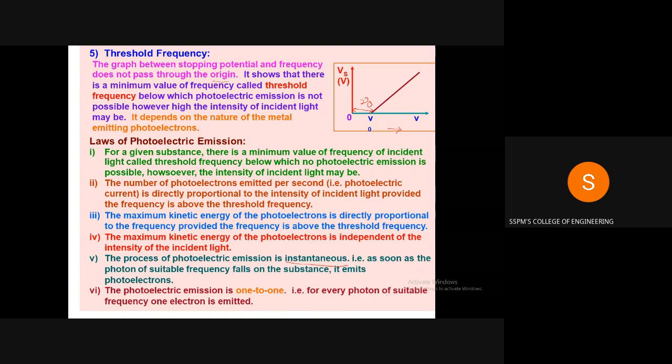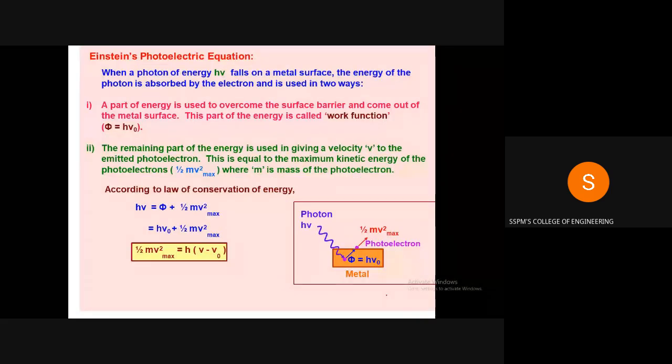Just now we have said that whatever the energy of the photons going to interact with the metal surface, or the target material, has to be utilized for two purposes. The first part of the energy is used to overcome the surface barrier and come out of the metal surface. This part of the energy is called work function.